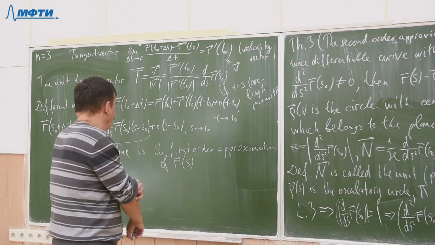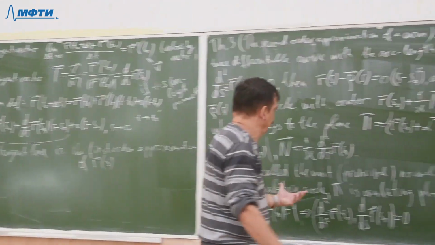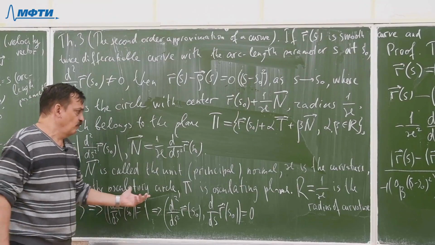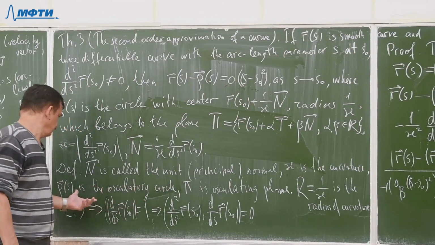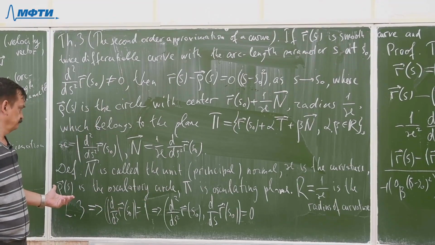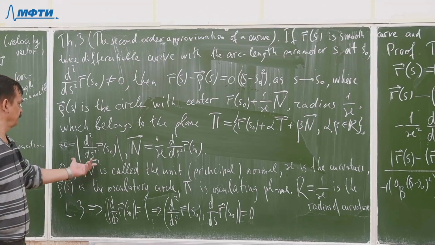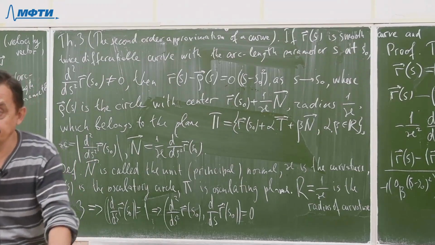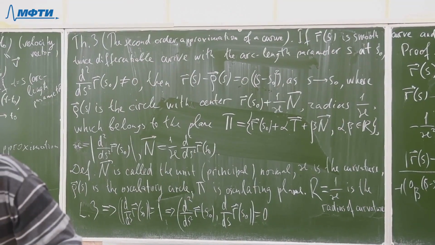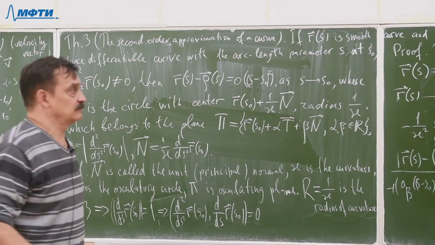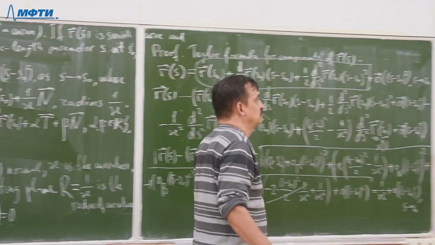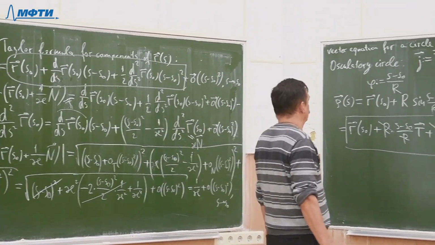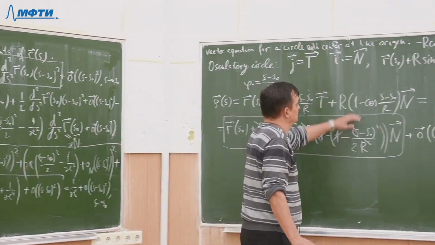Now, you see, the curvature was defined for the arc length parameter only, right? The osculating circle, that one.